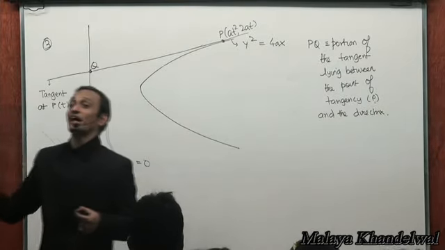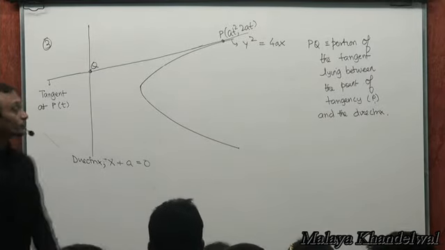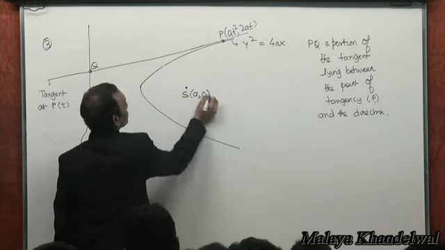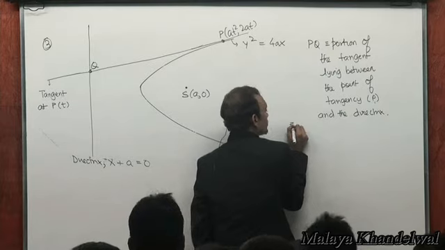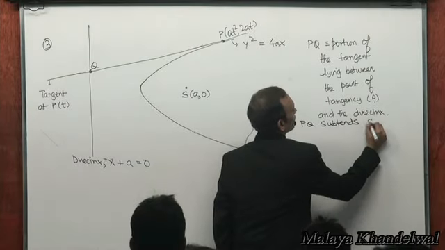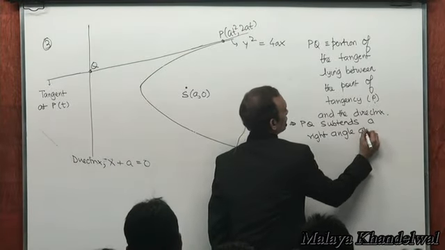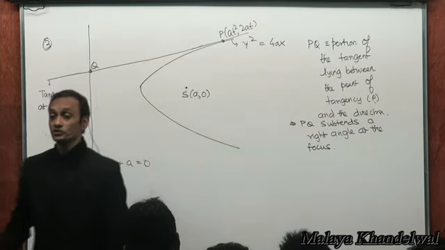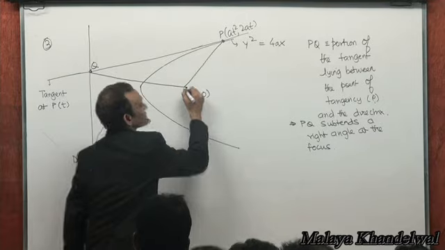Now I claim that if S is the focus, then PQ subtends a right angle at the focus. We'll see that. This would mean PQ subtends a right angle at the focus, which means angle QSP must be 90 degrees.